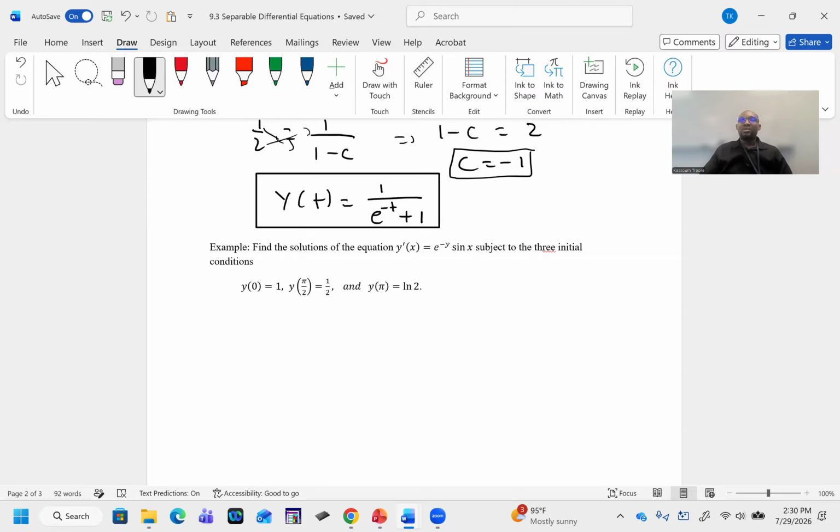So again, let's find the general solution first, okay? We have y prime of x is equal to e to the power of negative y times sin x, right?